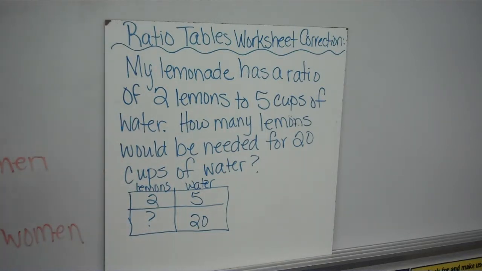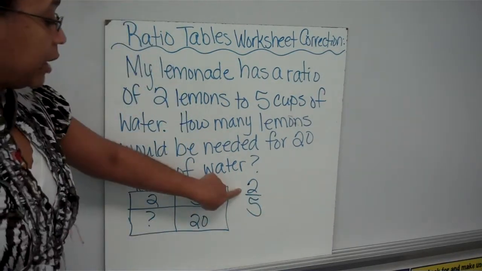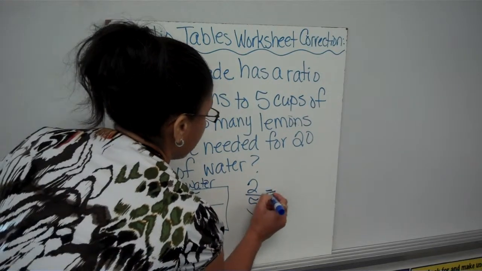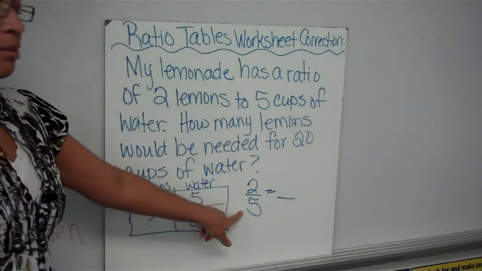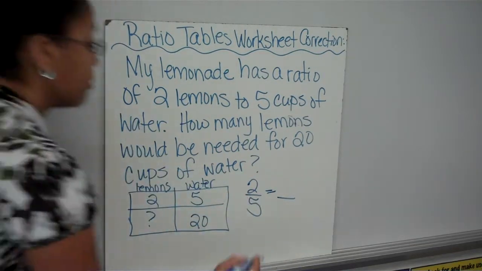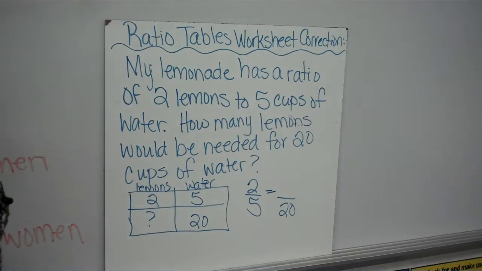It doesn't matter, okay? So I'm going to put 2 over 5, 2 lemons for 5 cups of water, is equal to, well, since water is on the bottom here, water has to be on the bottom in this fraction. So I'm going to put my 20 because it represents the amount of water that I want.